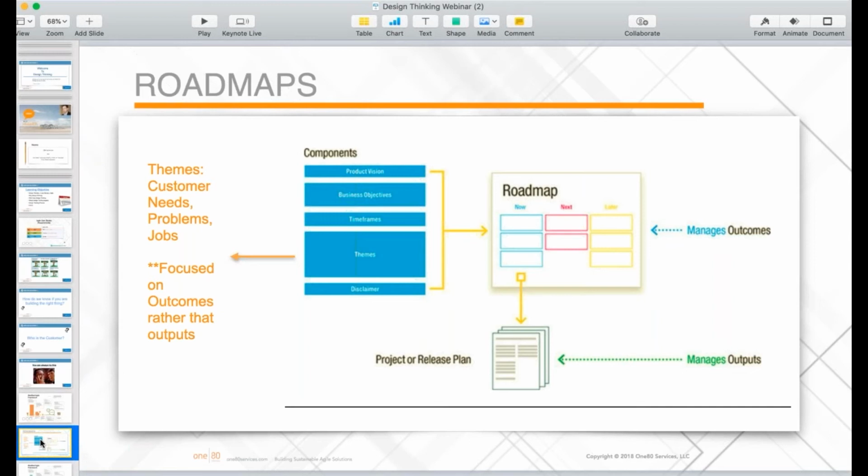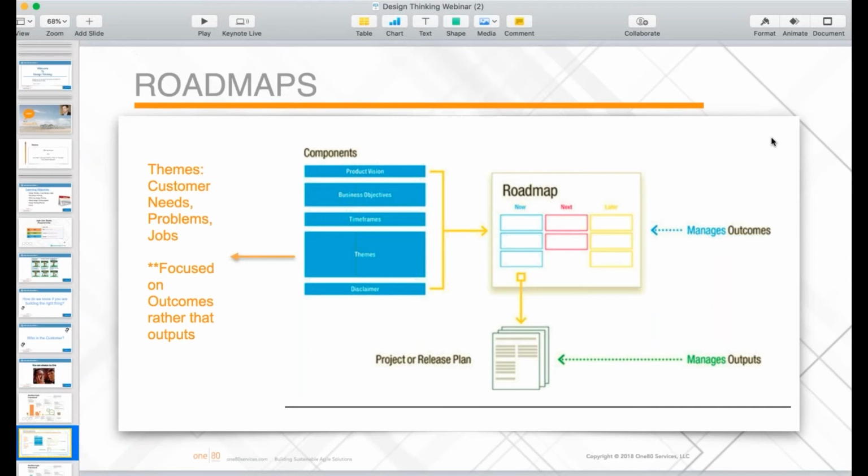The ability to successfully manage the shopping cart is an outcome, whereas the shopping cart itself is an output. A lot of times we get stuck in a mentality where we're focused too much on outputs and not enough on outcomes. So in a modern product management style, we start focusing on customer themes, or outcomes rather than outputs.